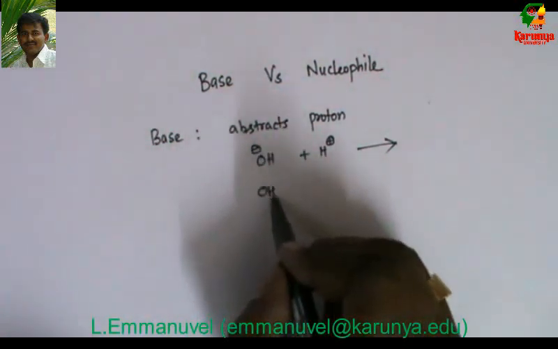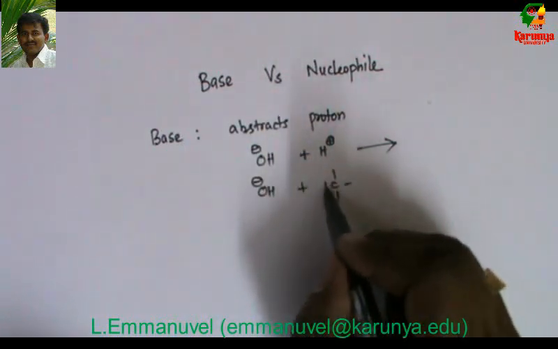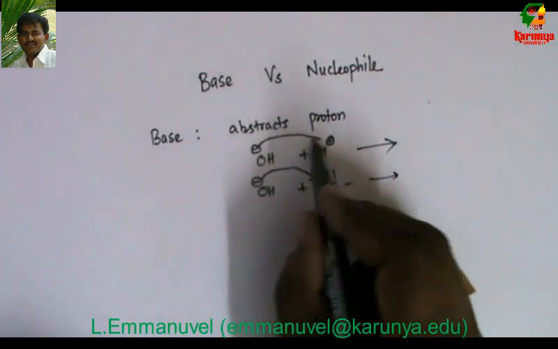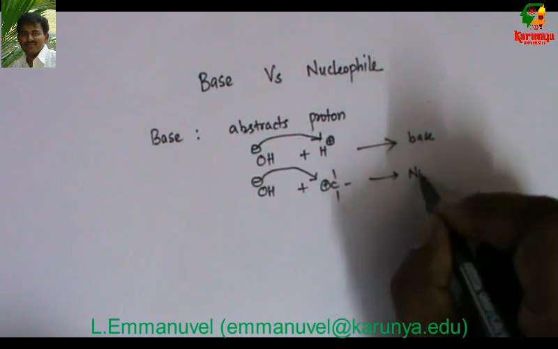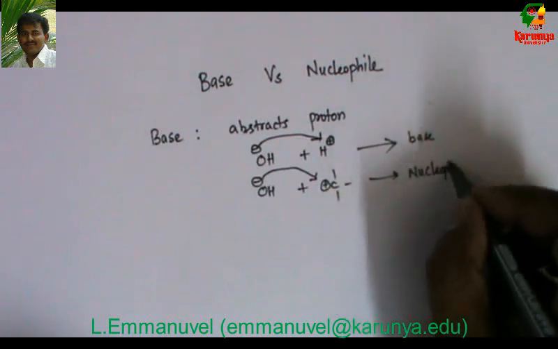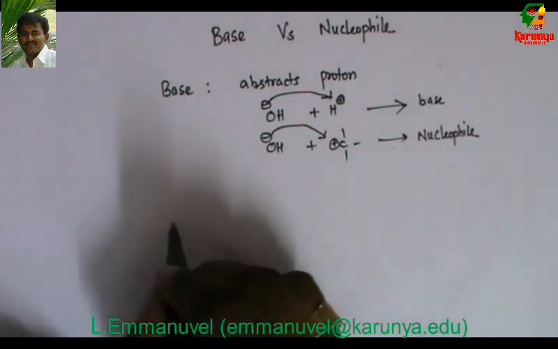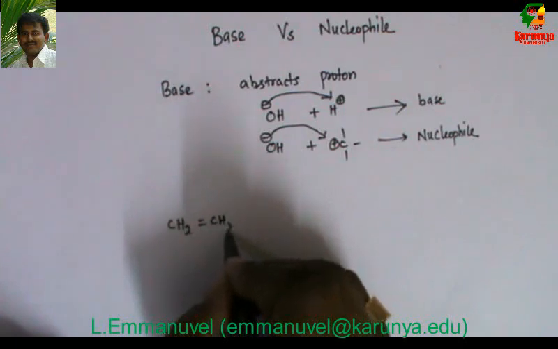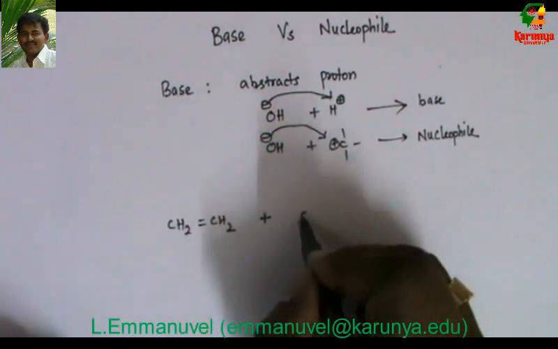The same OH minus, if it attacks carbocation, that time we call it nucleophile. The third category, I would like to explain the addition of alkene to carbocation.